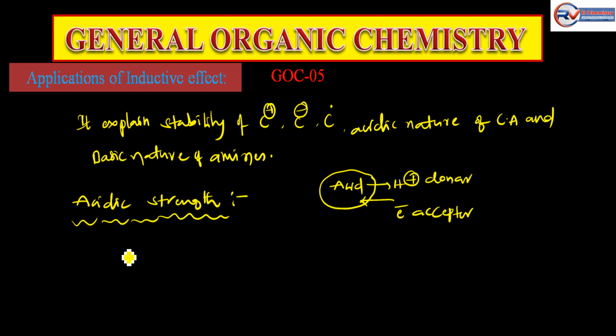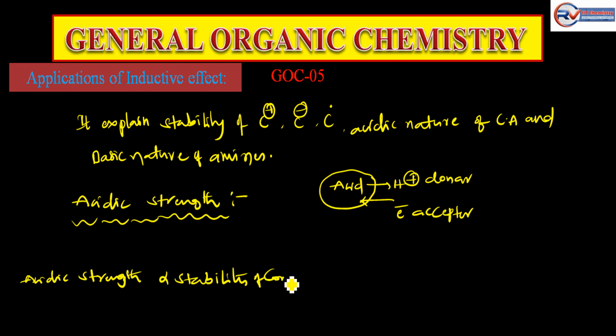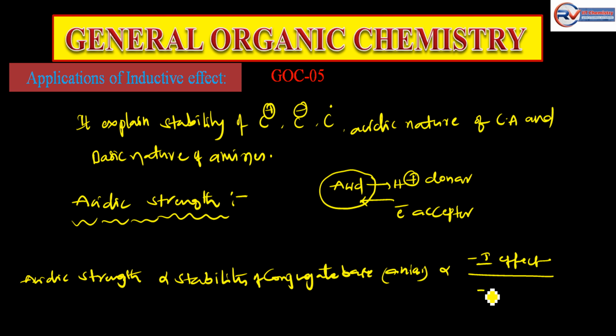Generally, acidic strength is directly proportional to stability of conjugate base, or anion, and directly proportional to negative inductive effect, and inversely proportional to positive inductive effect.